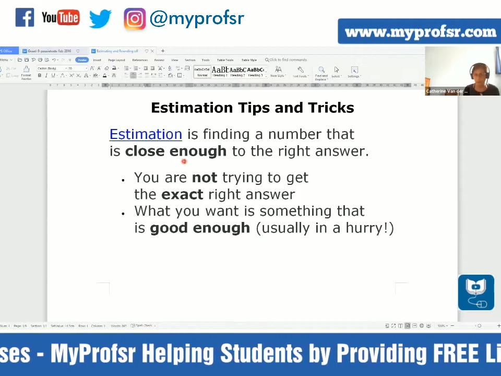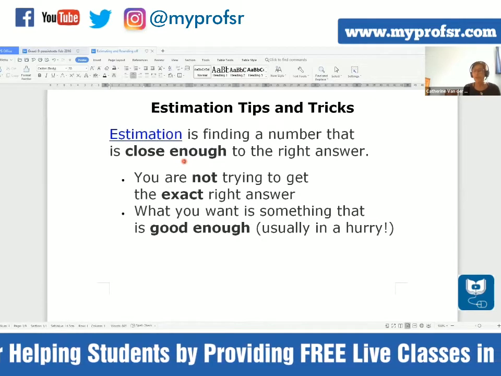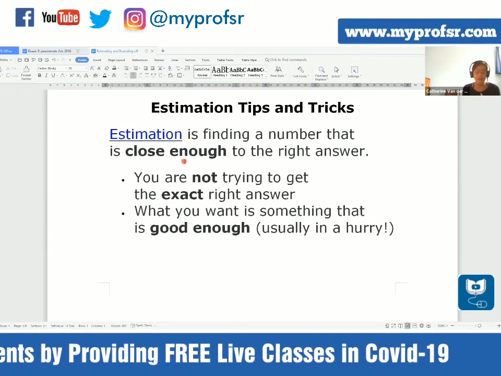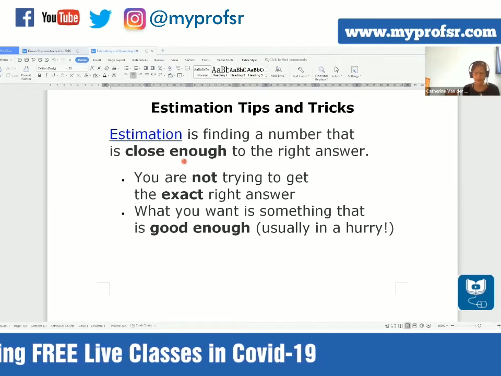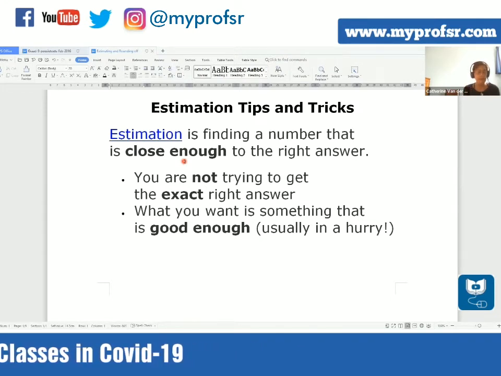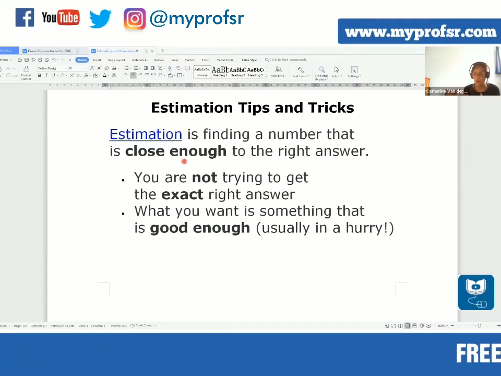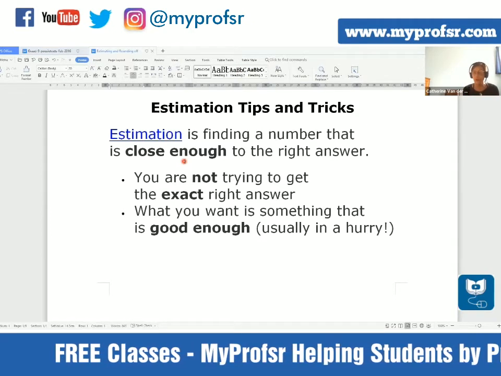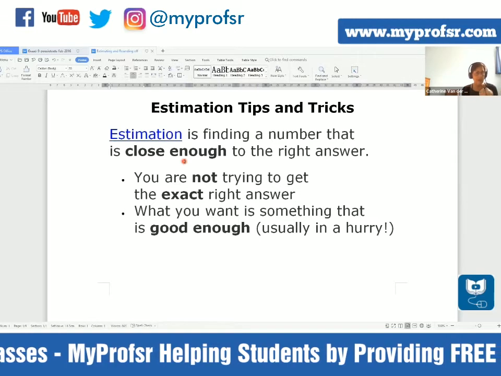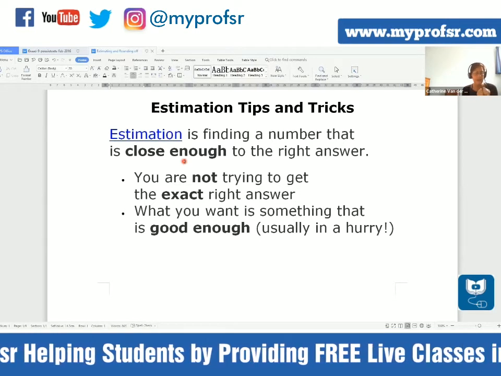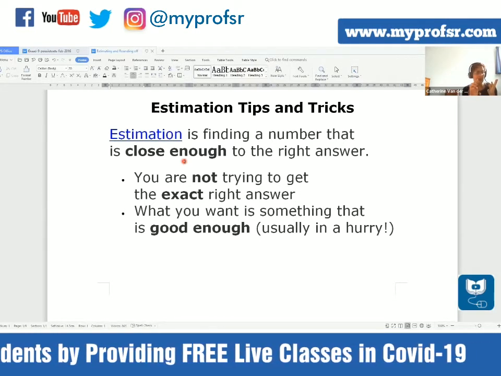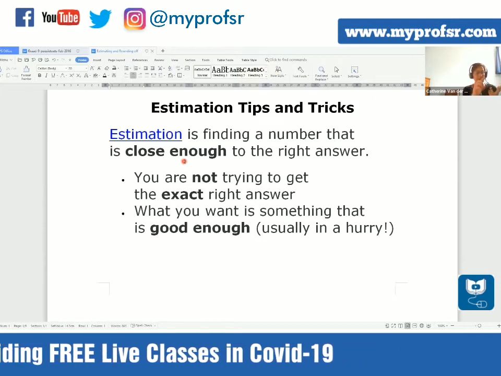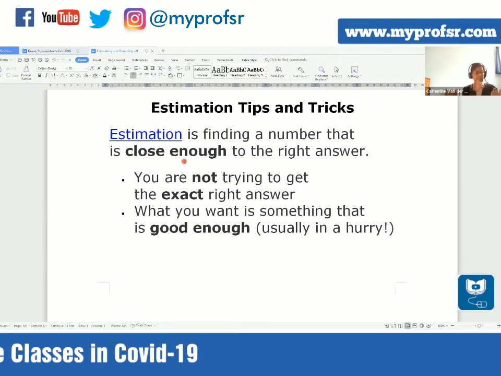Close enough for what? For example, we might be going to the shop and we might have a specific amount of cash in our hands. We can only buy for what we have in our hand, and we see some articles on the shelf and we might think, okay, I'm going to have the baked beans and the bacon and the eggs.